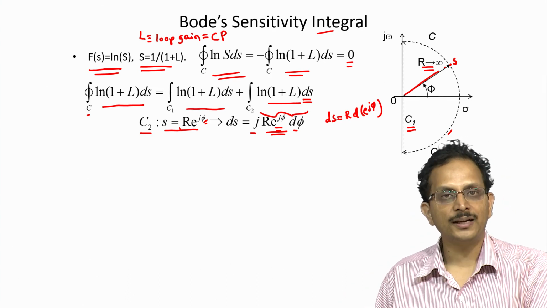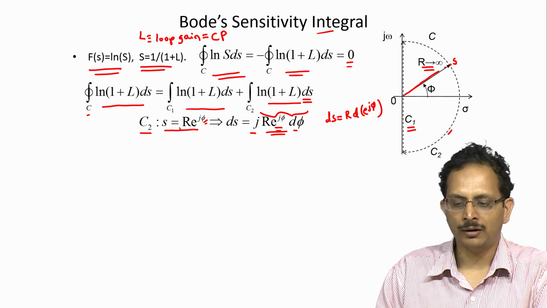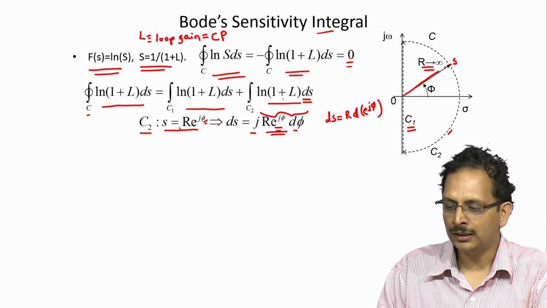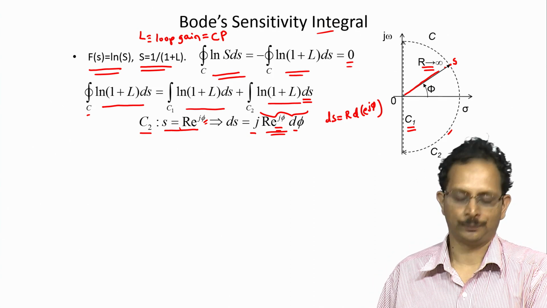There are a couple of other simplifications that we can make for the function ln of 1 plus L on the contour C2.